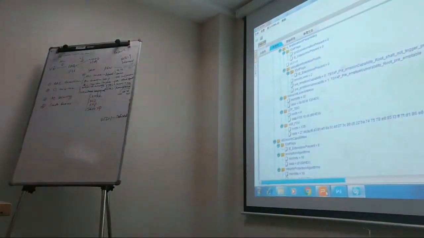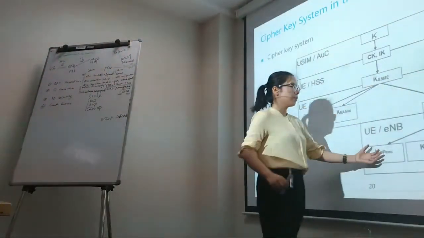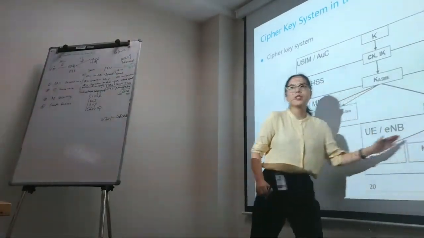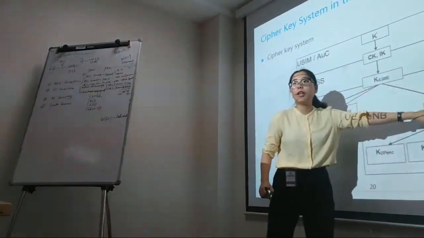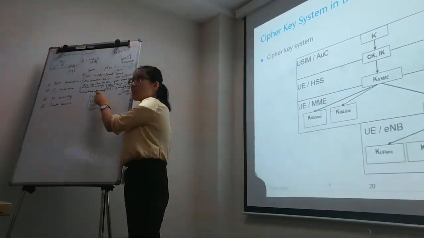This is delivered by the MME to eNode B in this message, initial context setup request.